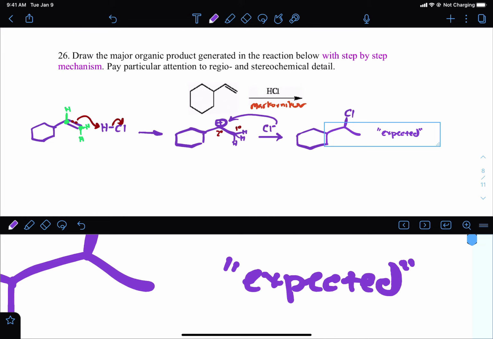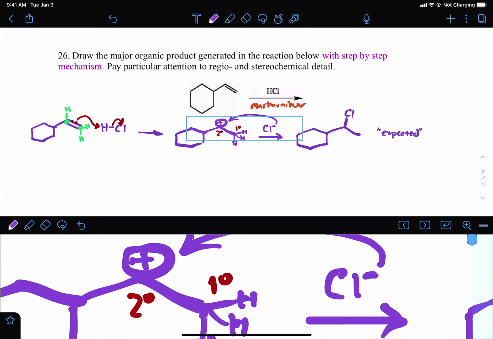Anytime you have a cation or a radical, some species that is octet deficient. Okay, a radical is one electron short of an octet. A cation is technically 2 electrons short of an octet.